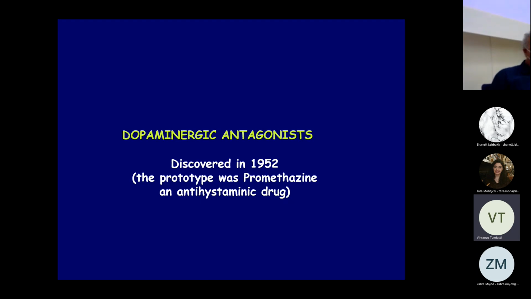In particular, they observed the behavior of the patients after administration of potent antihistaminic drugs.